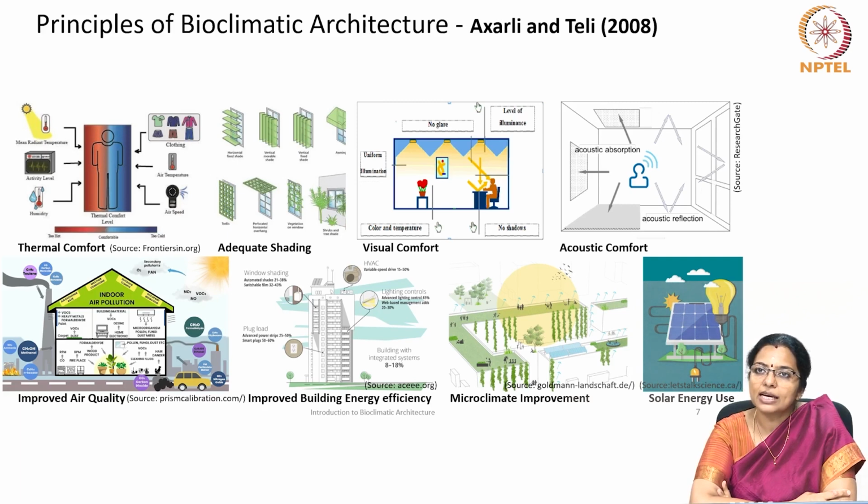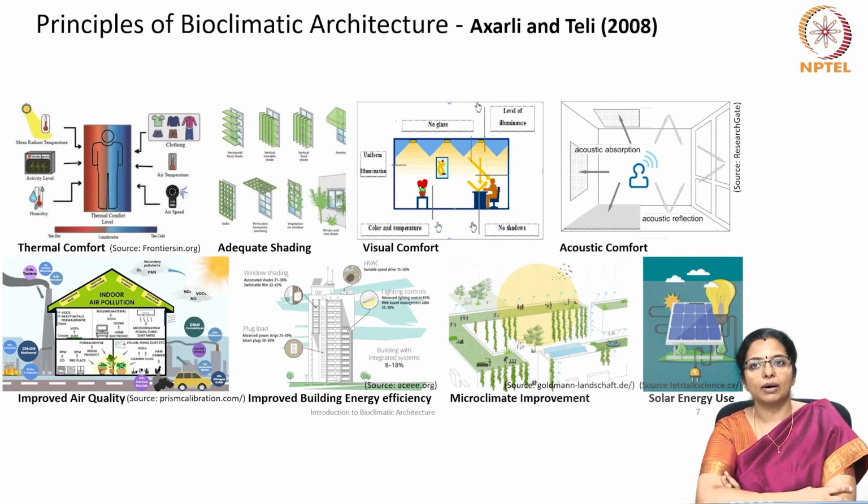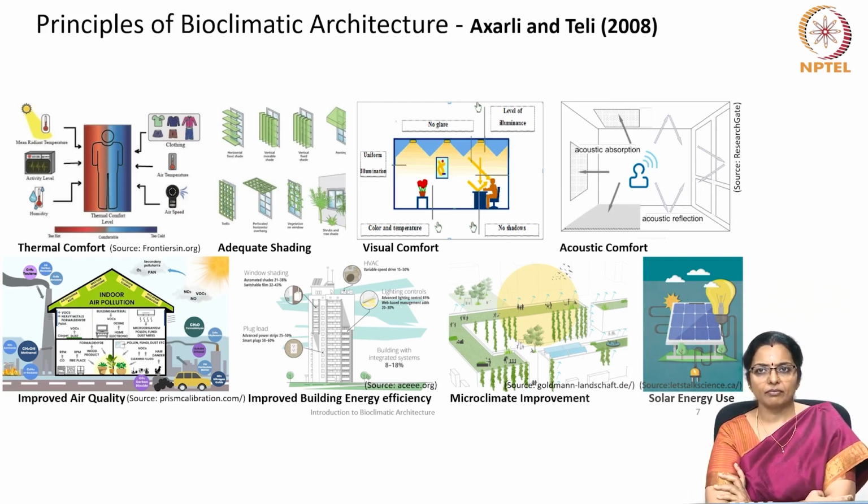This involves designing interventions that enhance local microclimate, making outdoor spaces more comfortable and livable. Passive cooling techniques are employed to reduce reliance on mechanical cooling, utilizing natural elements like ventilation, shading, and thermal mass for energy. This creates an energy efficient climate control.